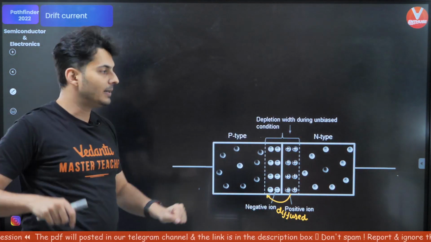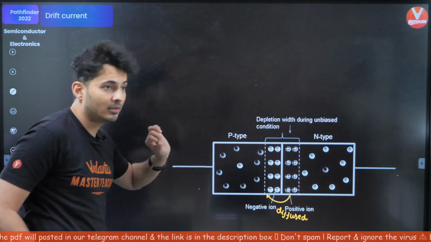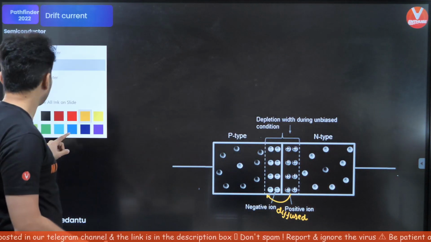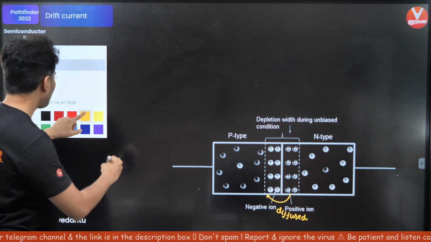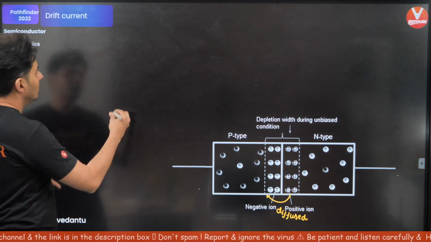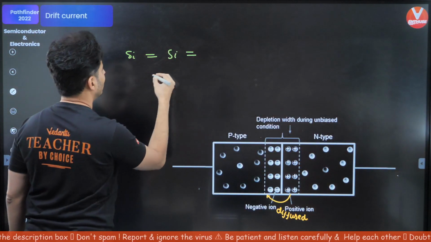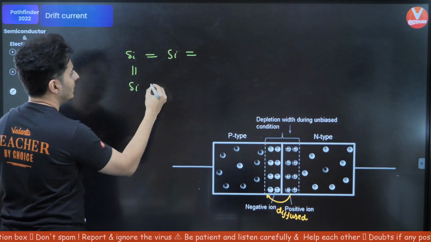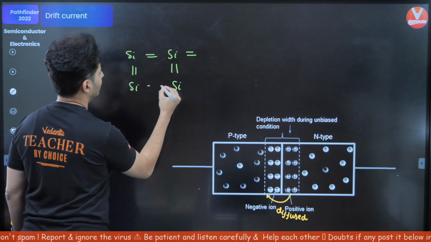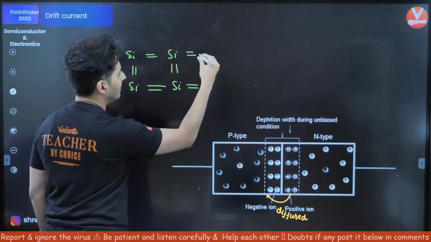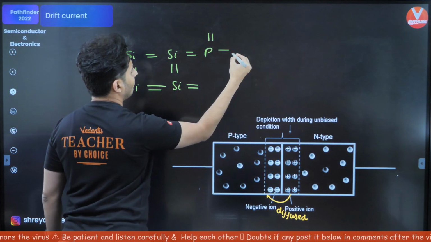They have been depleted. In that region, just imagine, this is silicon, maybe, something like that. This is n-type, right? So let's say phosphorus.